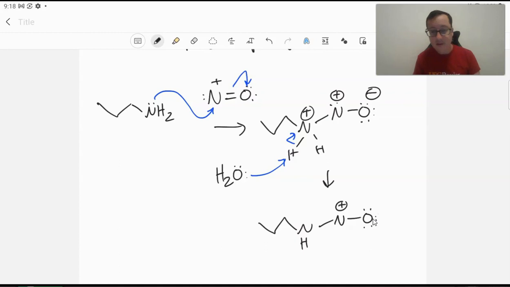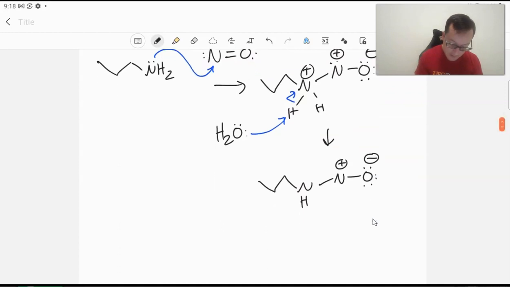You can leave this as the N double bond O, but it'll be a little bit easier for us if we keep it separate, because we're going to be protonating this thing. So here's another one. Actually, we can even use the acid we just made, H2OH plus. There we go.